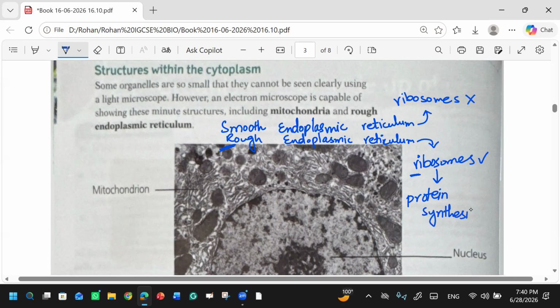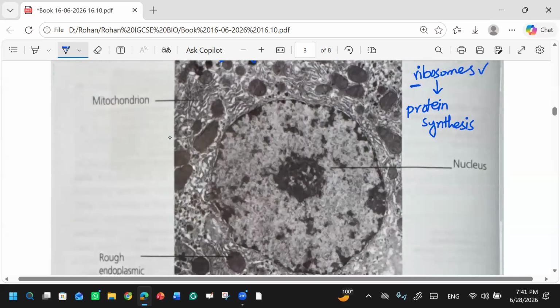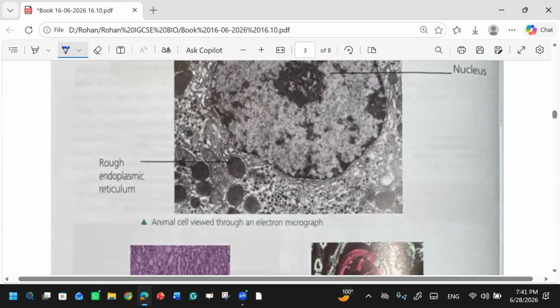And what about the smooth endoplasmic reticulum? Its functions are different. It is not responsible for protein synthesis, but it has other functions. It provides networking and helps in transporting materials. For example, this is a cell.